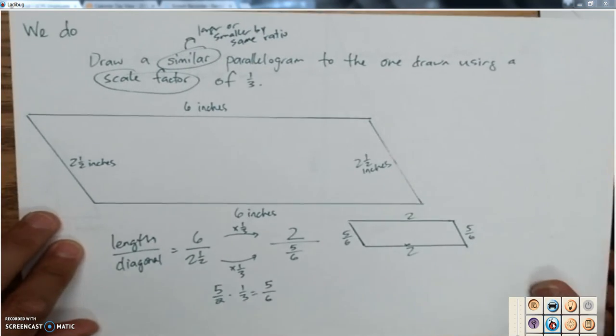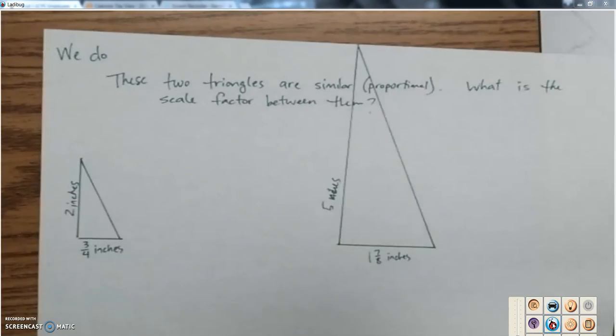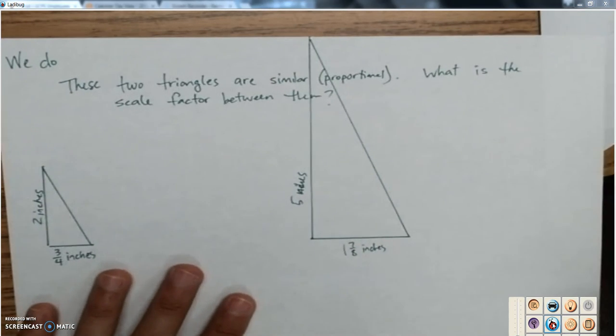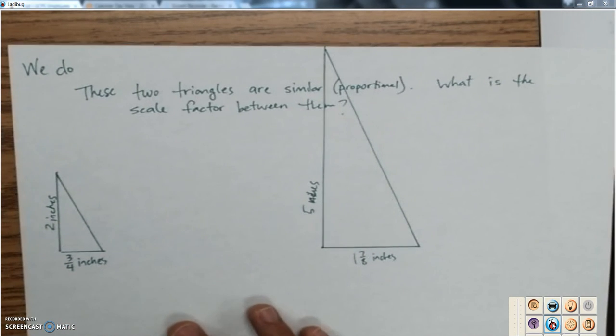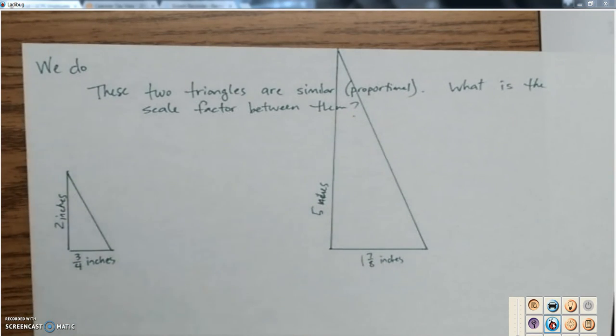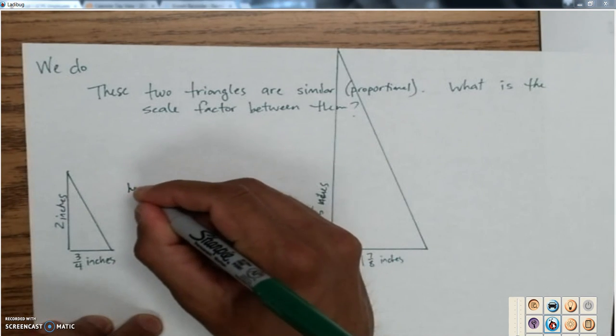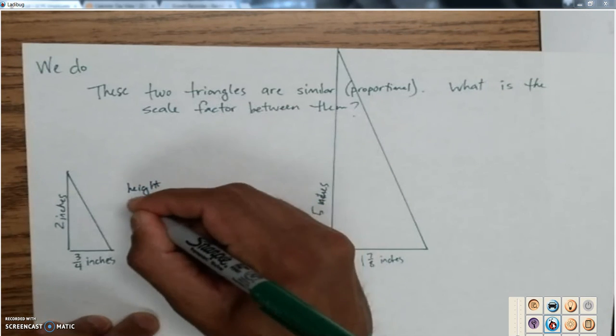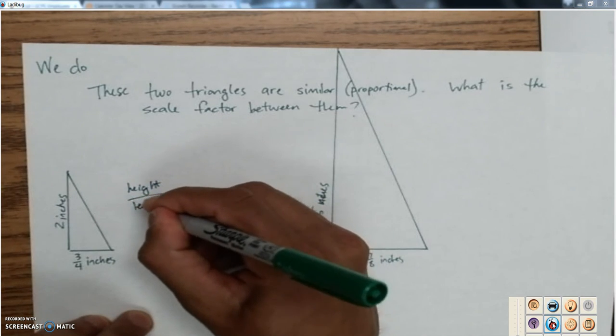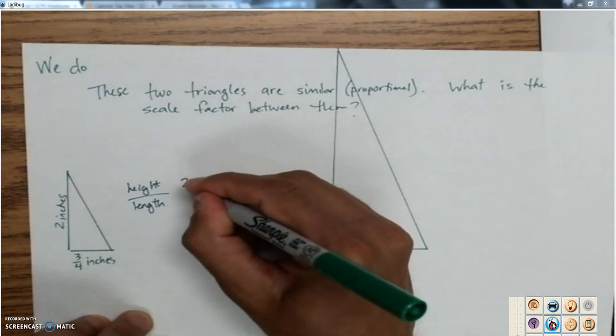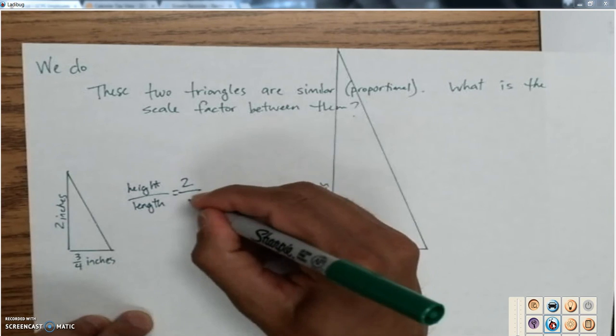Okay? Turn your page, let's do one more where we find that scale factor. I wrote this before I drew my picture, and I had to draw my picture into the words. Sorry about that. So these two triangles are similar or proportional to each other. What is the scale factor between them? So this one, I have a ratio of height to length of 2 to 3/4.